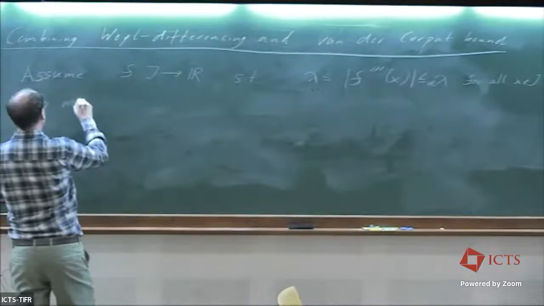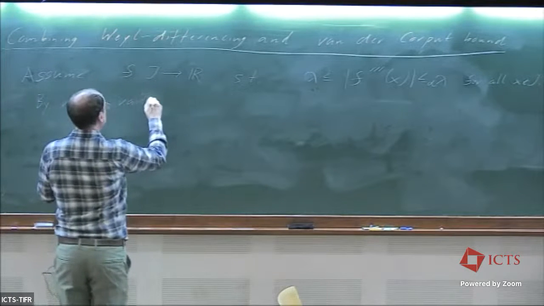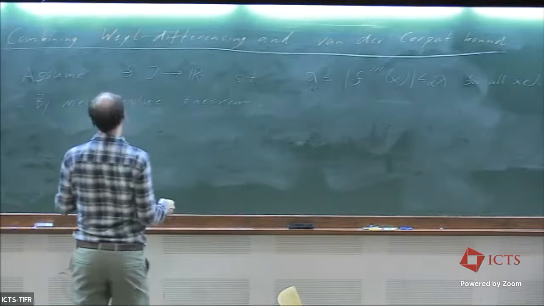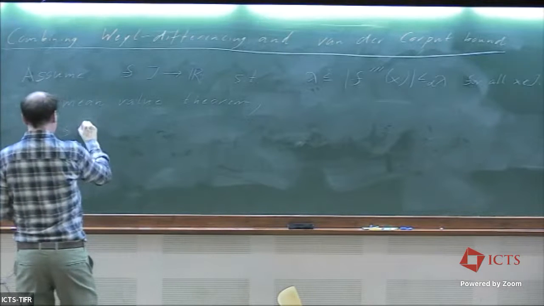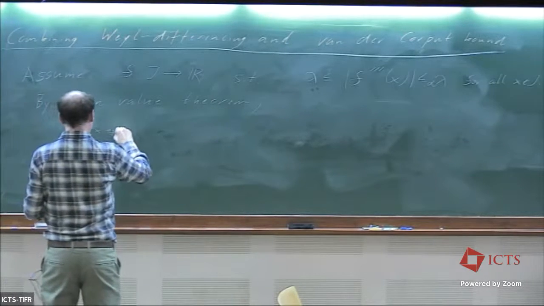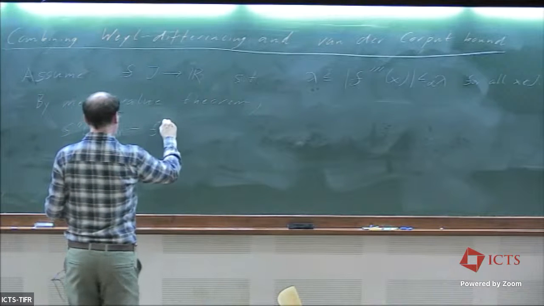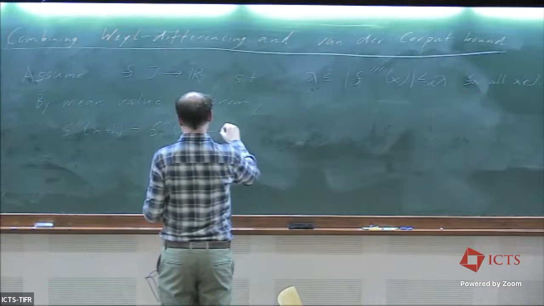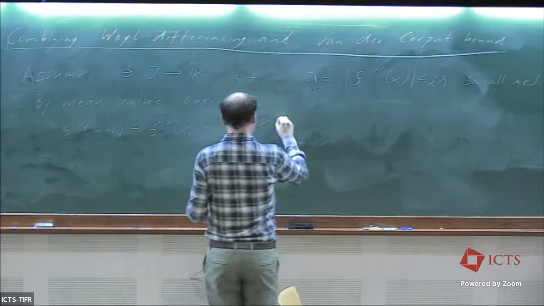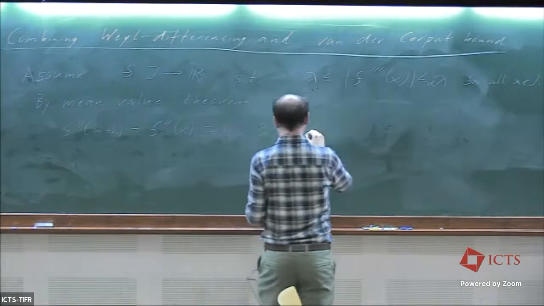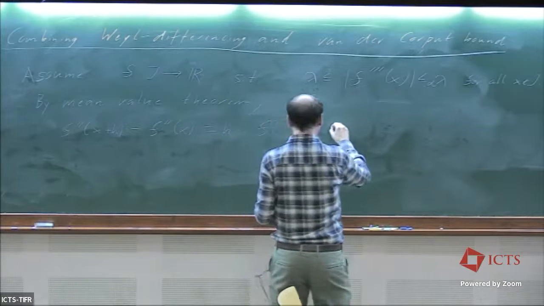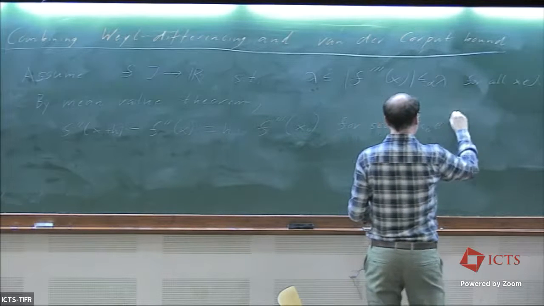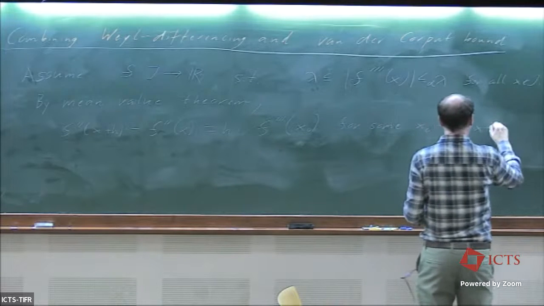By mean value theorem, f prime prime of x plus h minus f prime prime of x is equal to h times the third derivative at some point x0 in x to x plus h.